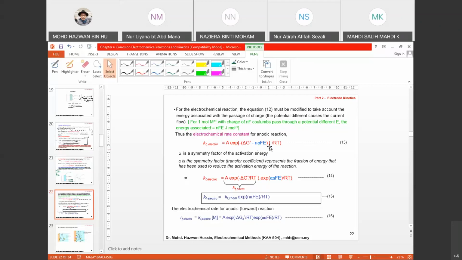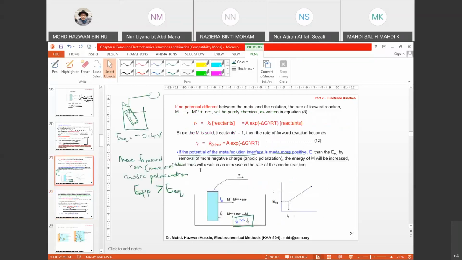We add nFE because we know that for 1 mole of Mn+, it is related to nFE. This is following Faraday's law. So we substitute over here, then this will equal minus nFE.